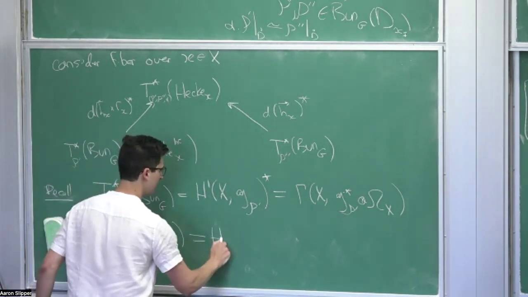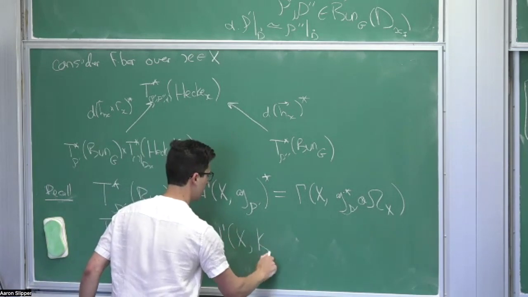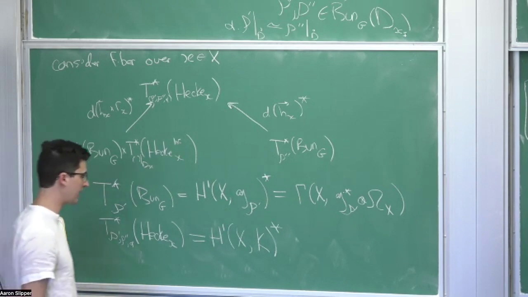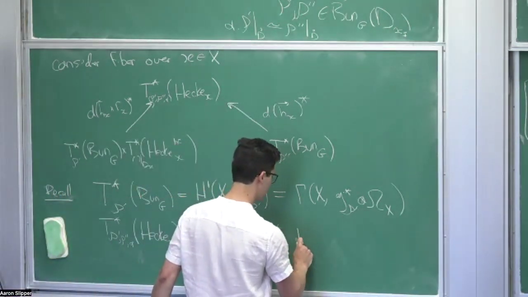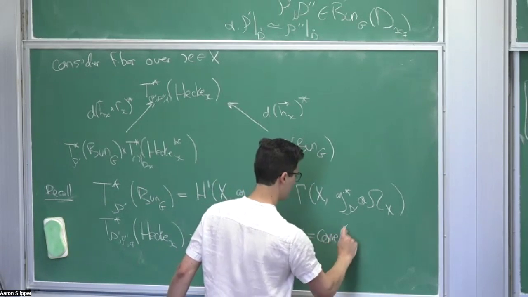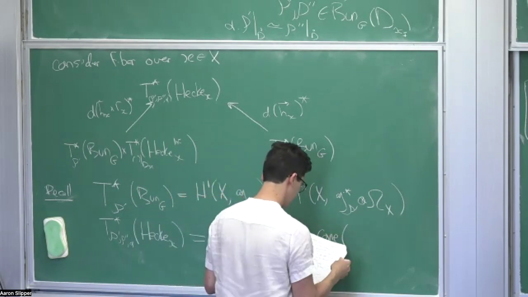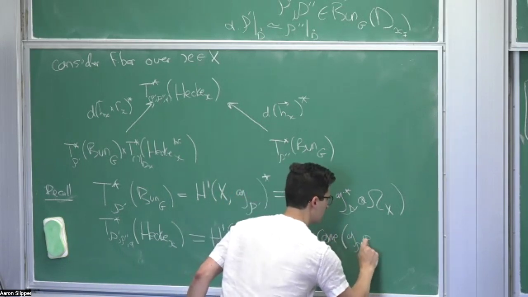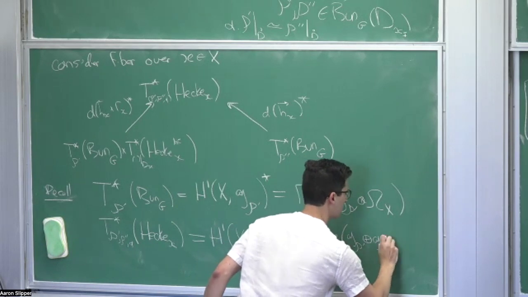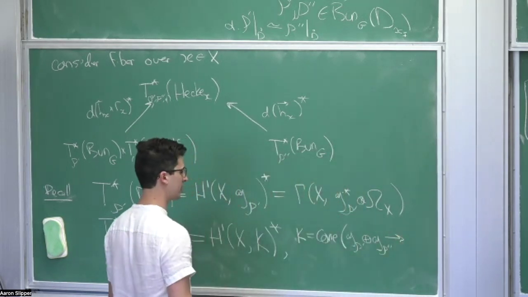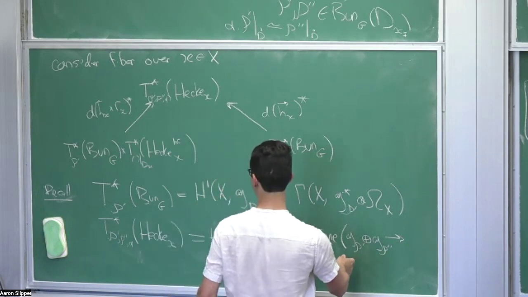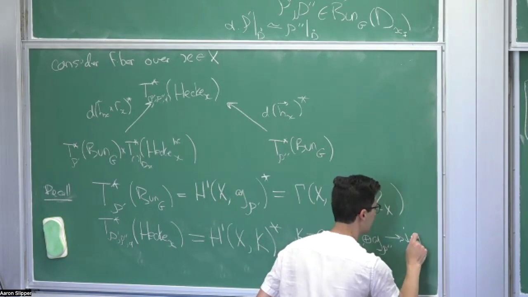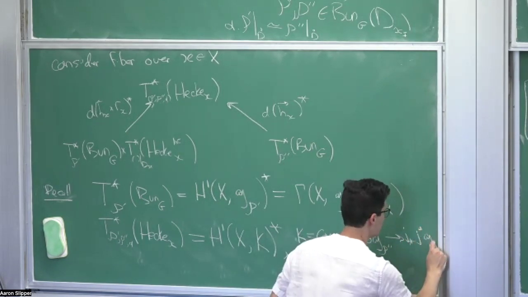Well, it'll again be the dual of some K, where K is the cone of this inclusion into G sub P prime.